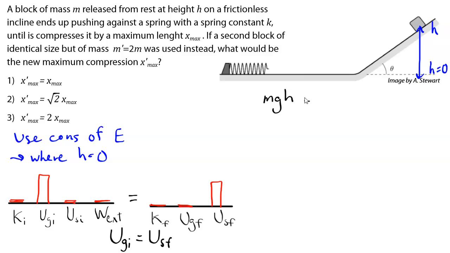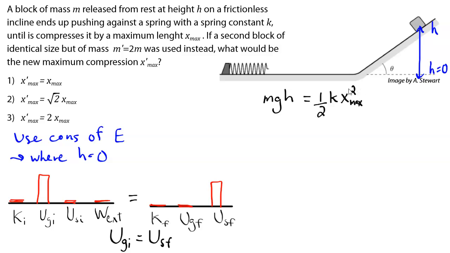And then at the end, we know that the energy stored in the spring is always 1/2 times k, the spring constant, times the compression of the spring squared. Here, that's what we call x max. So if I do it for the first one, with just the block of single mass m, we can solve for x max.